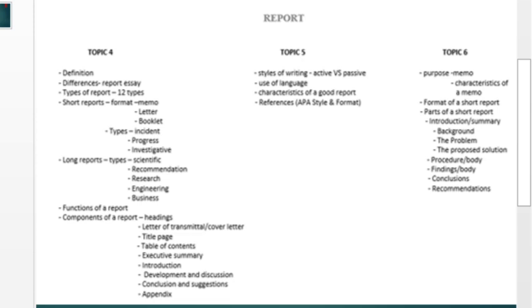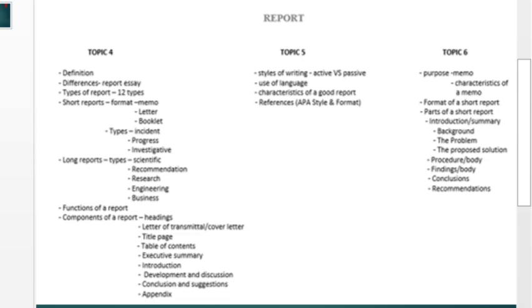Topic 4 started with the definition of a report, which is a general definition. It is not a specific definition of a progress report, a scientific report, or an incident report.